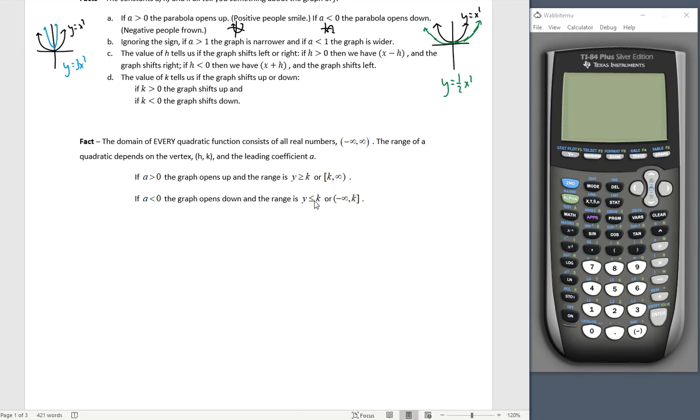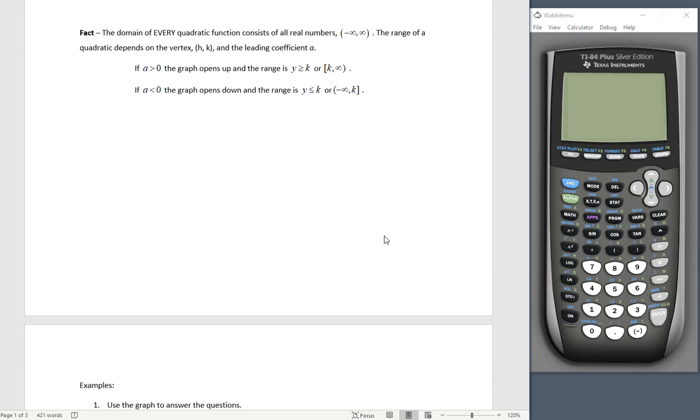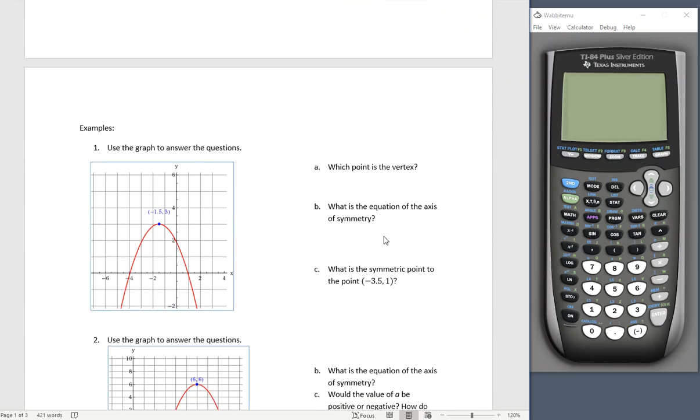So the range is y is less than or equal to k. Down, less than, negative, we'll have a less than or equal to in our range. Greater than 0, greater than k. They match up very well. And of course the interval notation uses square brackets on k because we do include it, and round brackets, also known as parentheses, on the infinities, as we never actually touch them.